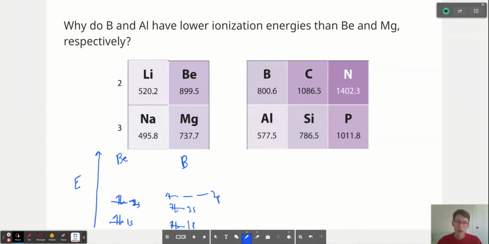Well, apparently the fact that boron's electron is in the 2p, which is higher in energy than the 2s of beryllium, is the factor that matters most. We know this because the periodic trend is broken. We can see the measurable data. And you can make a similar argument for magnesium versus aluminum, in the sense that we're talking about a 3p for aluminum that's being removed and a 3s for magnesium.